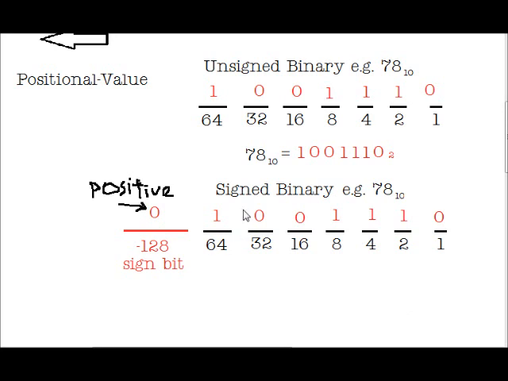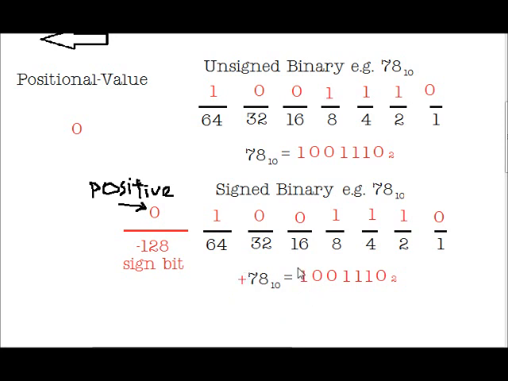Alright, so we see that for the binary of 78, when we convert to signed binary, there is a slight difference. First, there's the positive sign which appears at the beginning of the decimal number to indicate that it's a signed number.